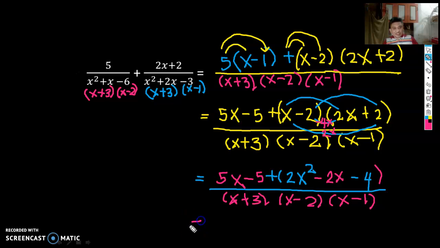Simplifying further, it becomes 5x minus 5.